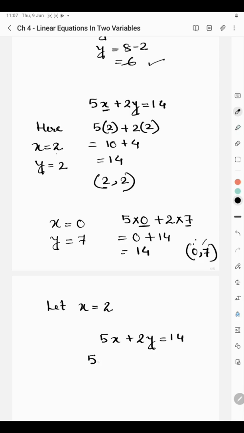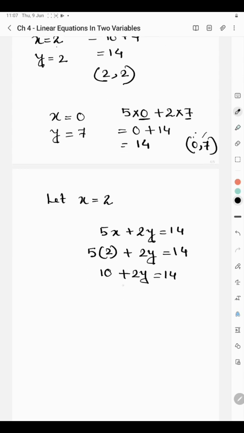The value of x is 2, so in place of x we put 2: 5 2s are 10 plus 2y is equal to 14. Now first we will transpose 10 to the right hand side. So 14 minus 10, 2y is equal to 4.